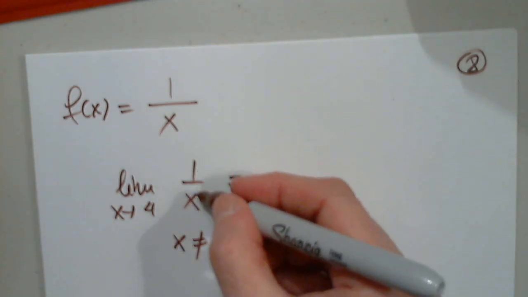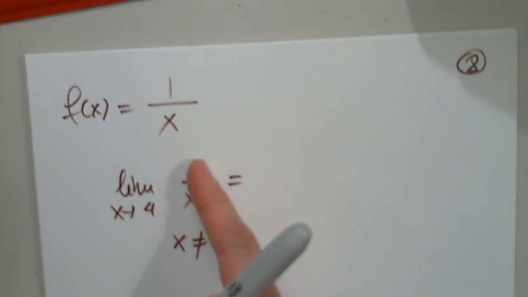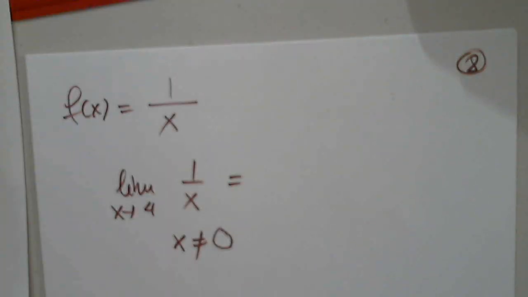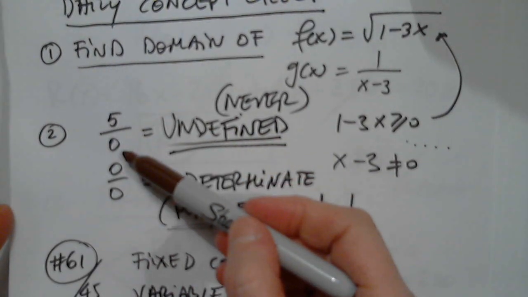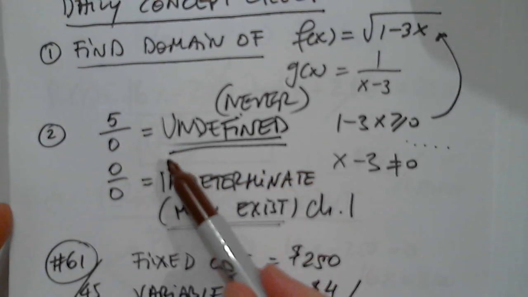I can divide 1 by -4. There is no issue there. 0. Yes, 0 will not be in the domain because I cannot divide 1 by 0. Remember, I still have this from last time. Please remember, this is the problem. Anything over 0, not 0 over 0, is undefined.